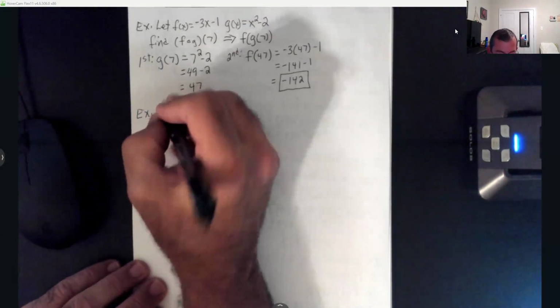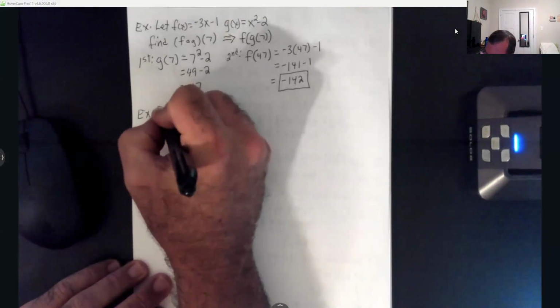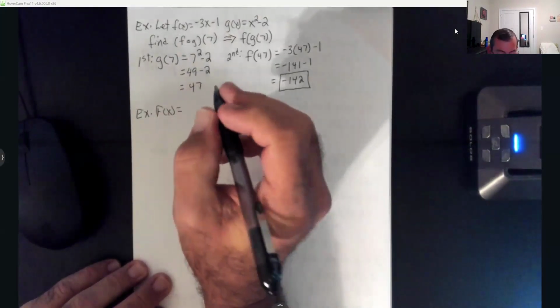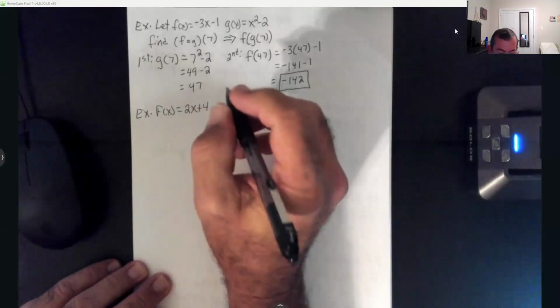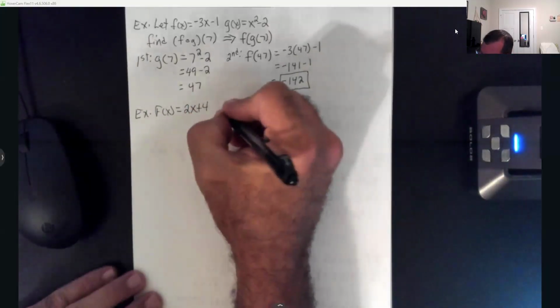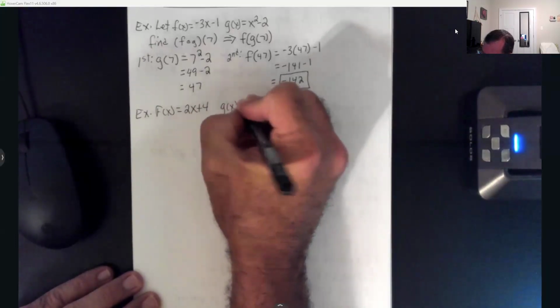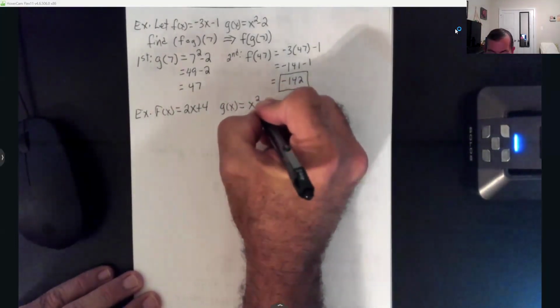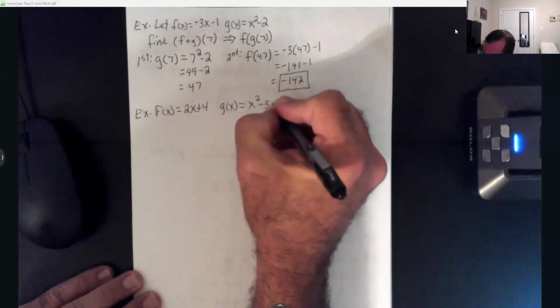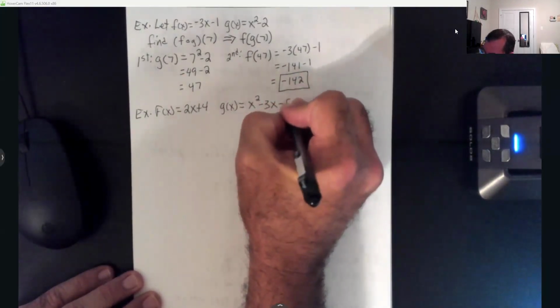All right, also this one, f of x is going to equal 2x plus 4. G of x is going to equal x squared minus 3x minus 5.